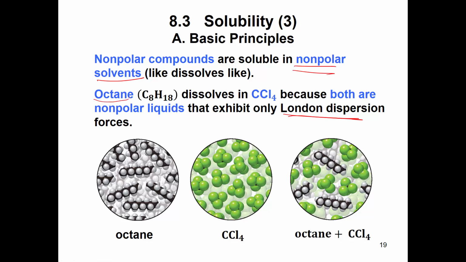So octane, which is only composed of C8H18, will dissolve in carbon tetrachloride because they are both nonpolar liquids. And since they both have just London dispersion forces, they can London disperse with each other.